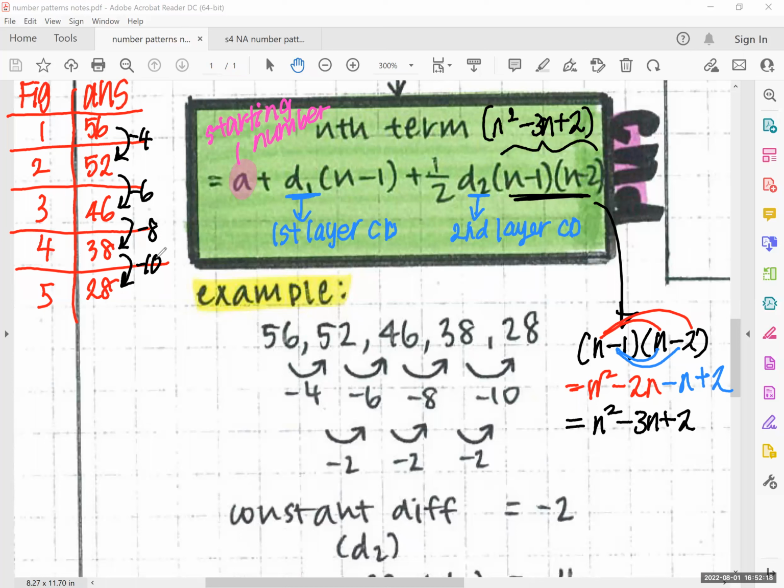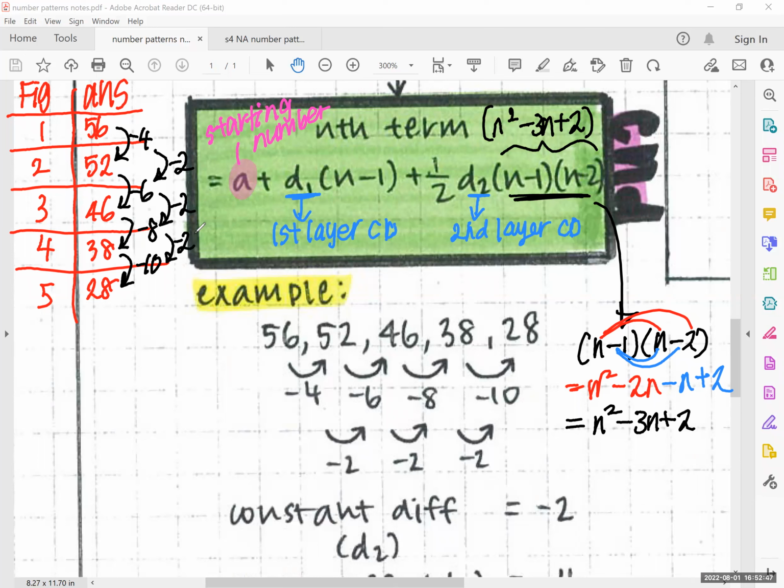Anything? No. Then we go one more layer. Meaning to say, -4, how to get to -6? -2. -6, how to get to -8? -2. And -8 to -10. -2.